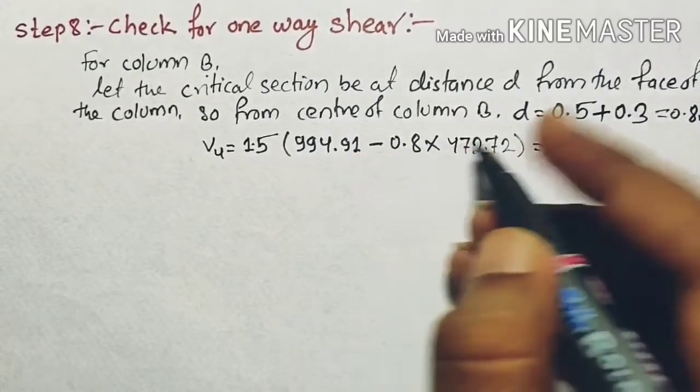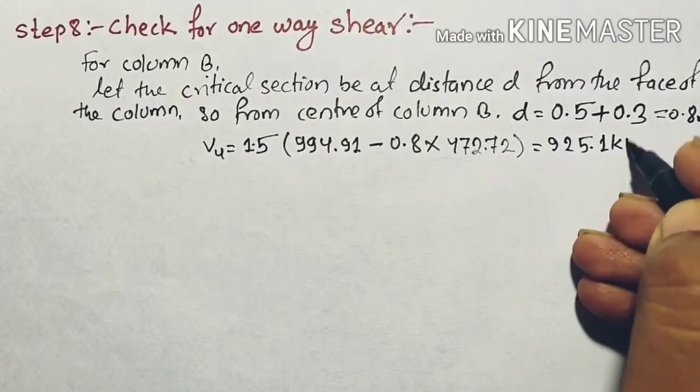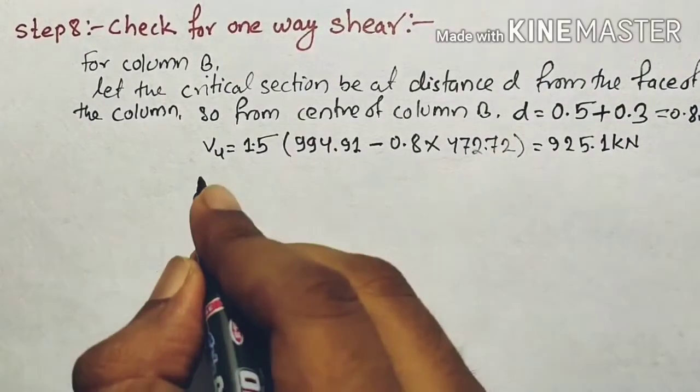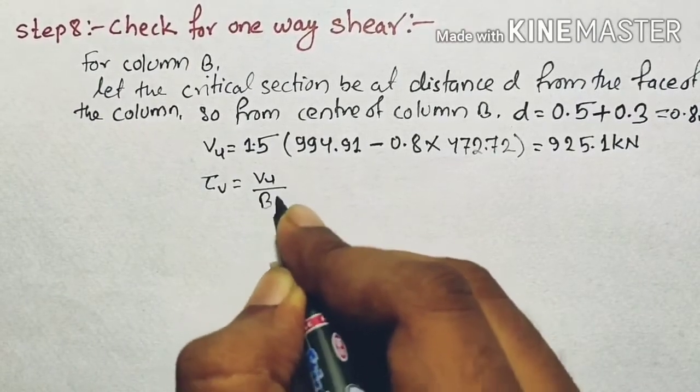So we will get the final Vu as 925.1 kilonewton.